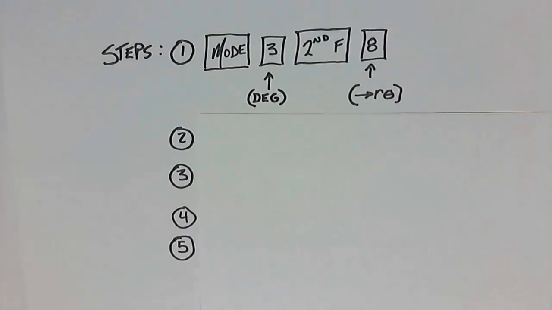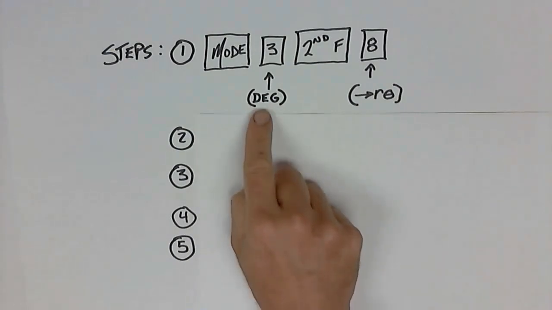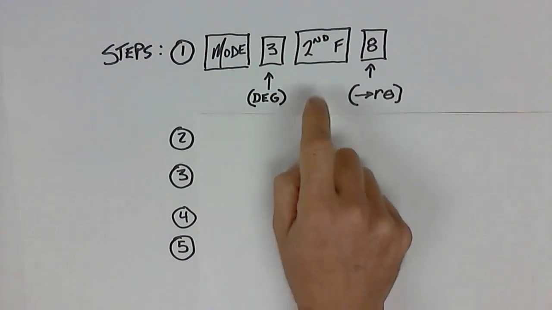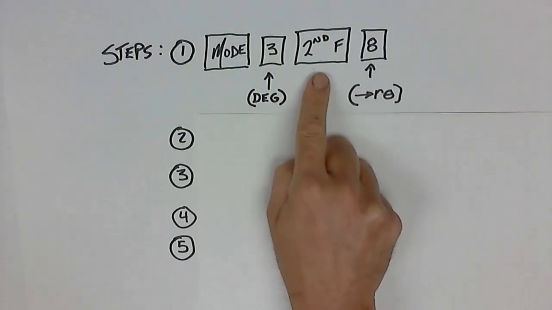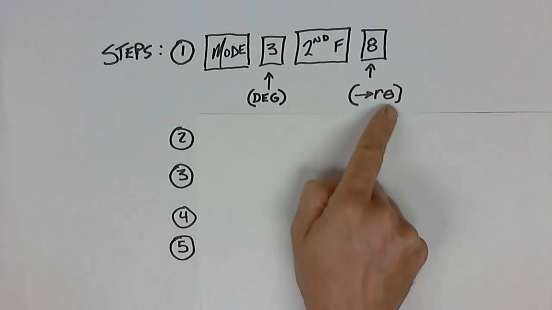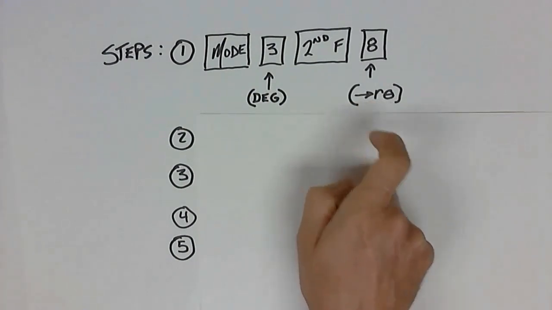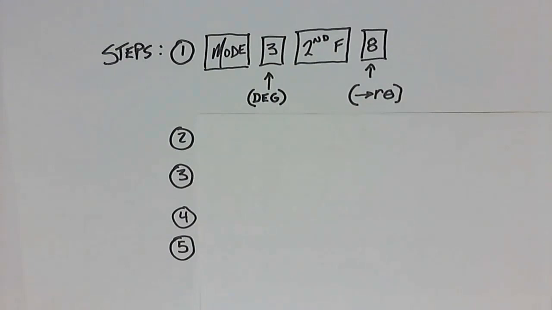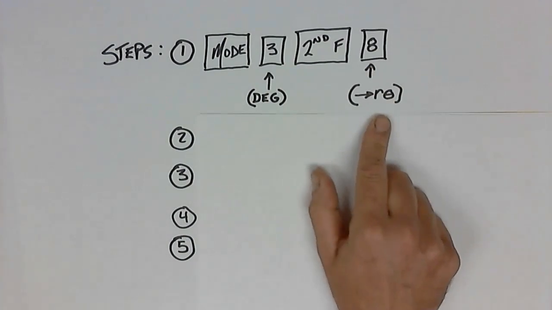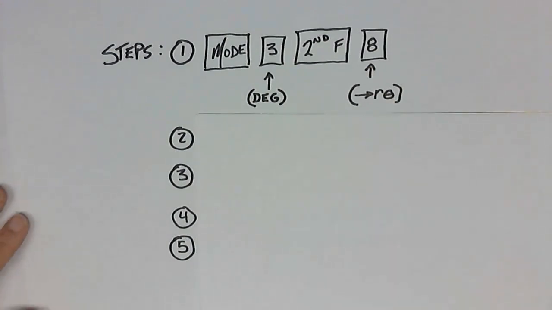You're going to press mode, then the number 3, which in brackets should say DEG, second function button, and then the number 8, which has a line, an R, and then this. What we're doing now is indicating on the calculator that we are set up to work with phasors. And now this should be displayed on your calculator in the upper left corner of the screen.